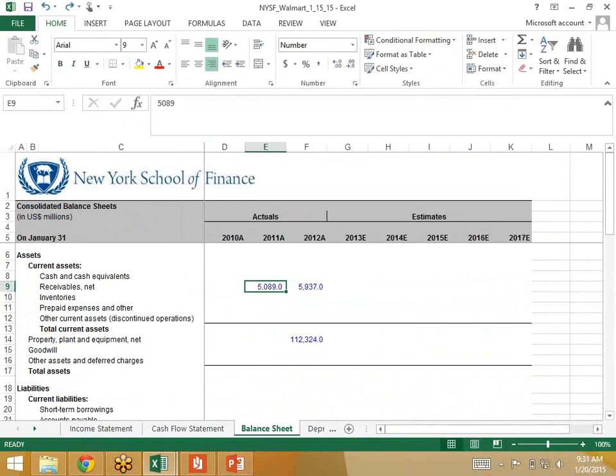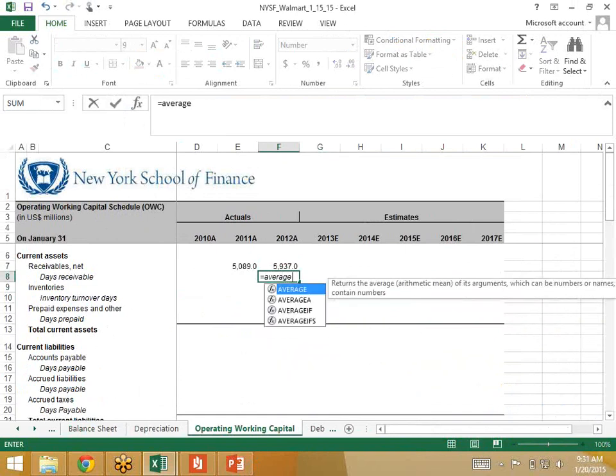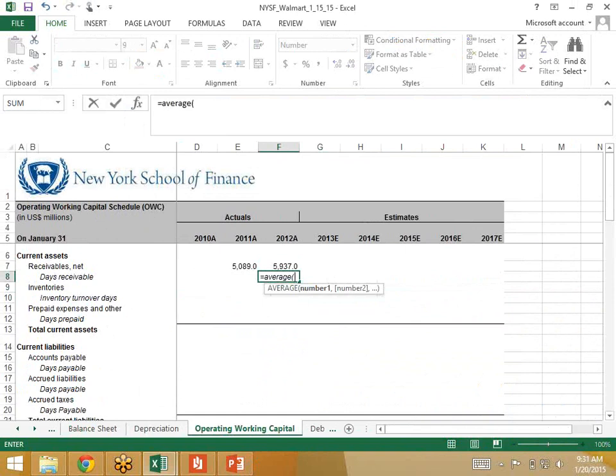So the formula that you should memorize now and come to slowly learn is the days receivable in 2012 equals the average. So I'm going to do in F8 equals average, open parentheses, 2012 receivables, comma 2011 receivables. Got that so far?